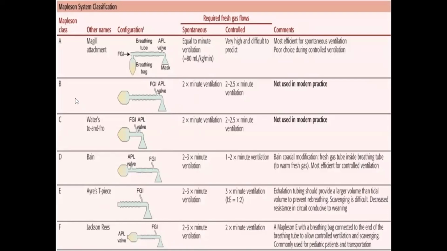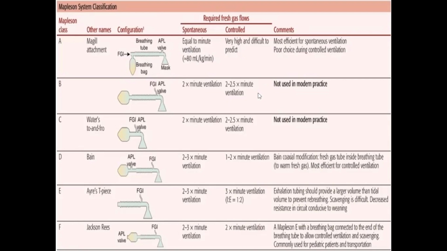Most of them, from B to F, will need 2 to 3 times the minute ventilation. You really have to give extra gas flow. Except A. A is very good, it gives you little leak. So that's why you can give fresh gas flow equal to minute ventilation, otherwise very high and difficult to predict. So it's very good.